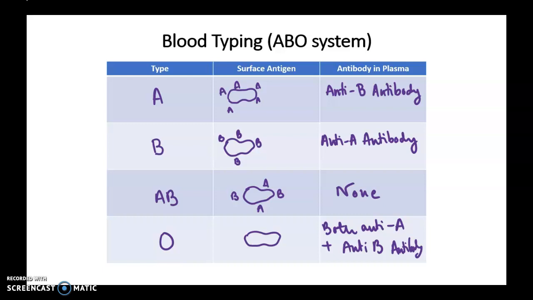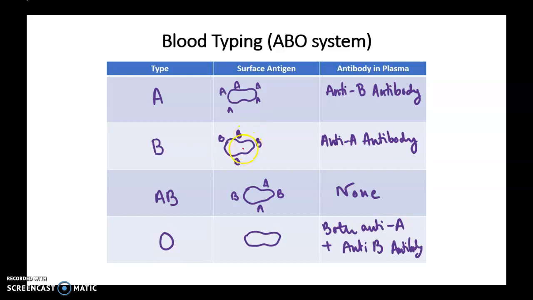So a person with blood type A will have A antigens on the surface. A person with blood type B will have B antigens on the surface. A person with blood type AB will have both A and B antigens on the surface. And a person with blood type O will not have any antigen on the surface of RBC.